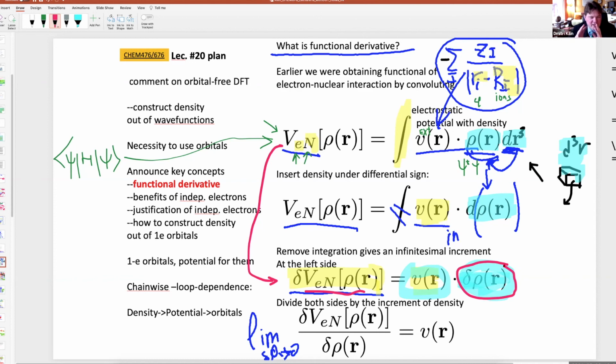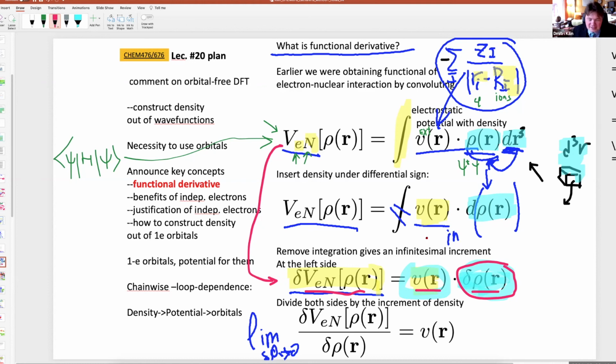If density is incremented in one area of space or everywhere, how much will the energy increase? In order to find it, we multiply the increment in density times the potential. And it goes through line number 2. Okay? Yeah, now it makes sense.